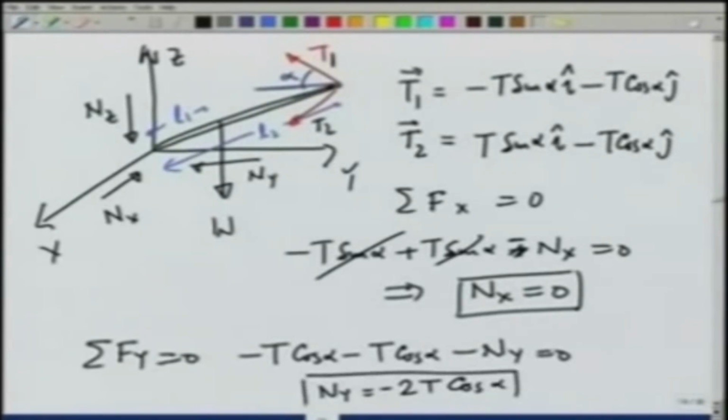So, Ny has a magnitude of 2 T cosine alpha, and the negative sign in front indicates that it is in the direction opposite to what has been shown in the figure here, going towards the origin. So, Ny is actually 2 T cosine alpha j.